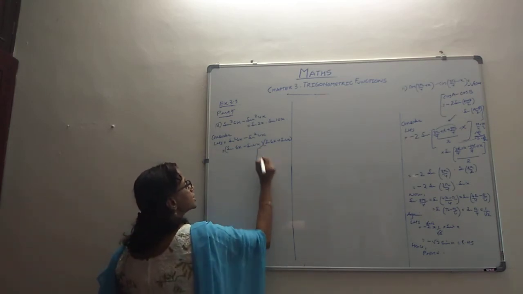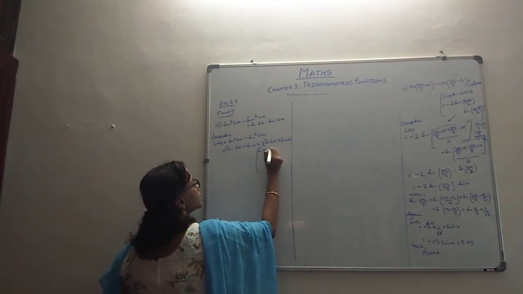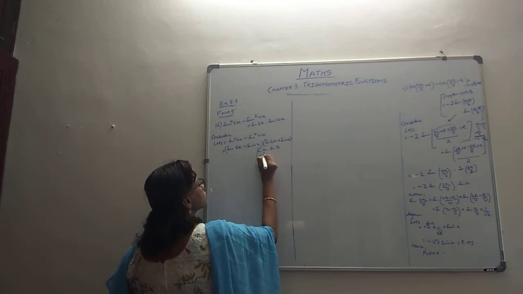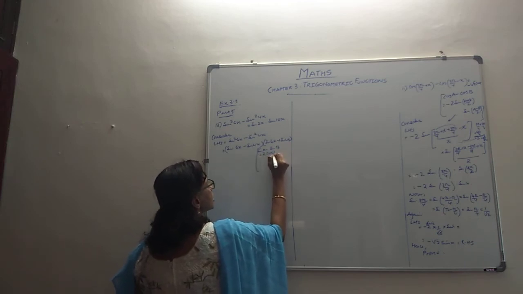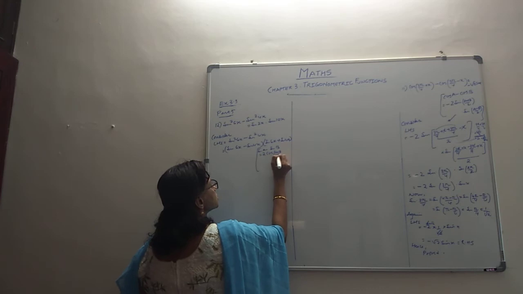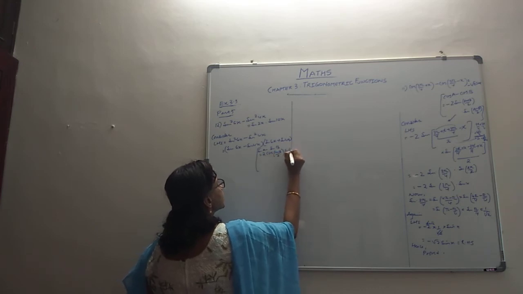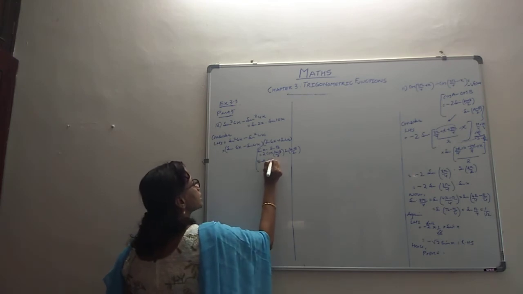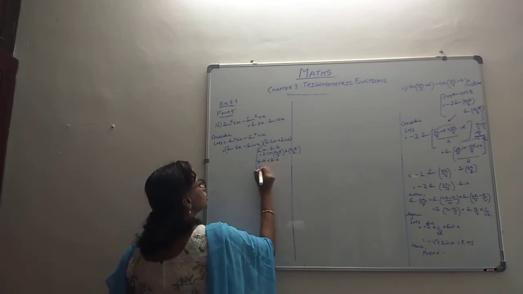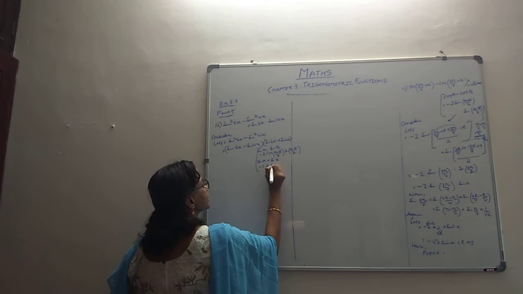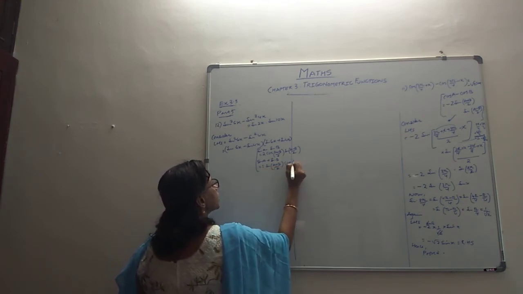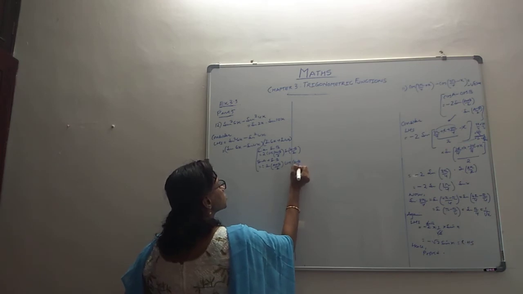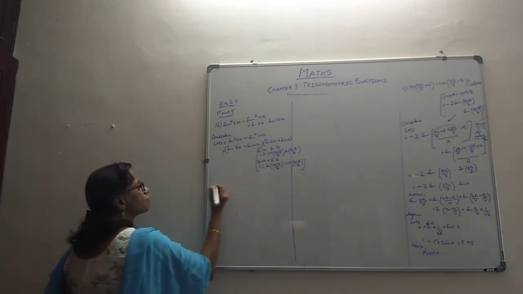That's how you are through. So sin a minus sin b will come to 2 cos of (a plus b) by 2 sin of (a minus b) by 2, and sin a plus sin b will come to 2 sin of (a plus b) by 2 cos of (a minus b) by 2. So let's quickly use this formula and see how we are going to get this.